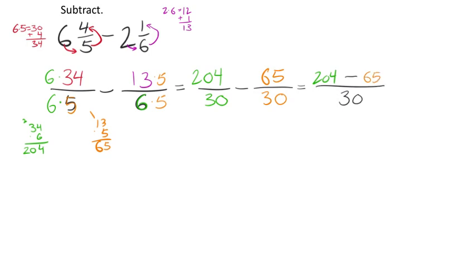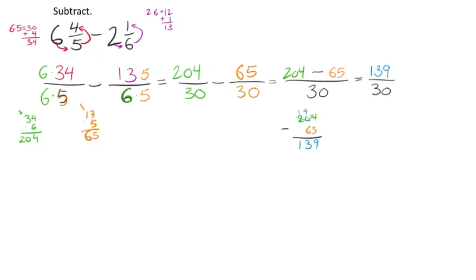When we subtract these, we will still have 30th size pieces, but I've got to do some subtraction. So 204 minus the 65 gives me my new numerator. The 14, I'd have to borrow from the 20 to make it 19. 14 minus 5 would be 9. 19 minus 6 would be 13. Okay, so that ends up being 139 thirtieths.